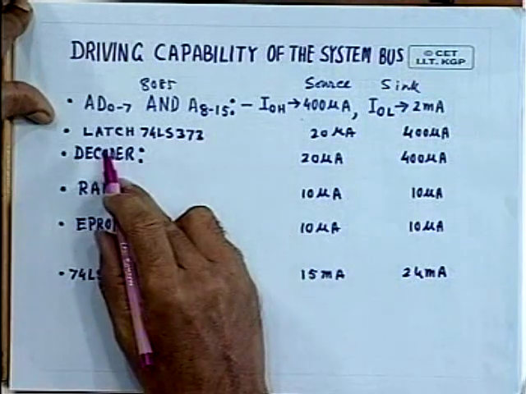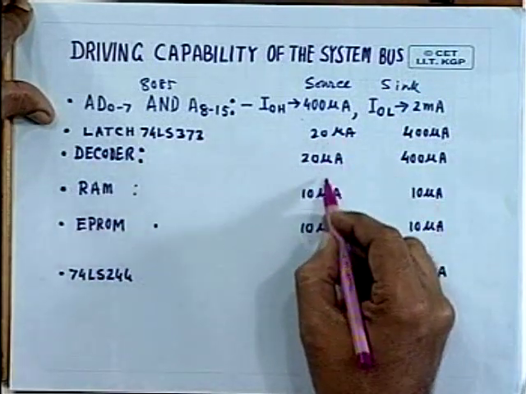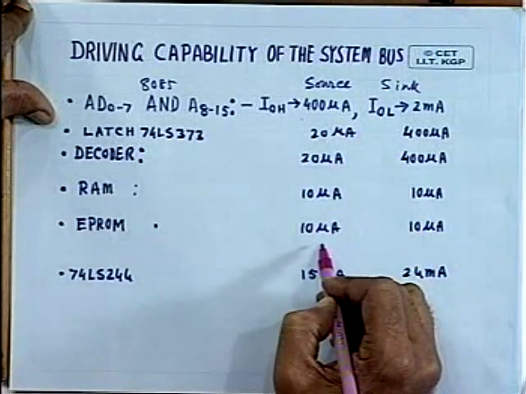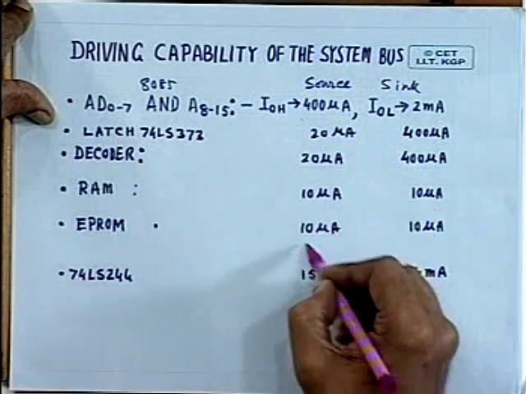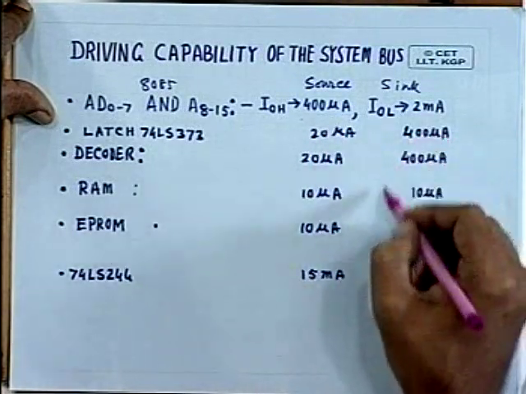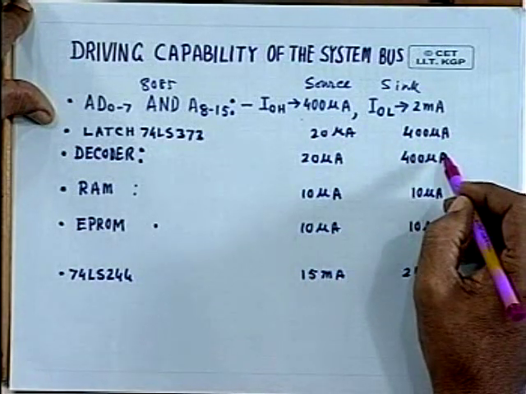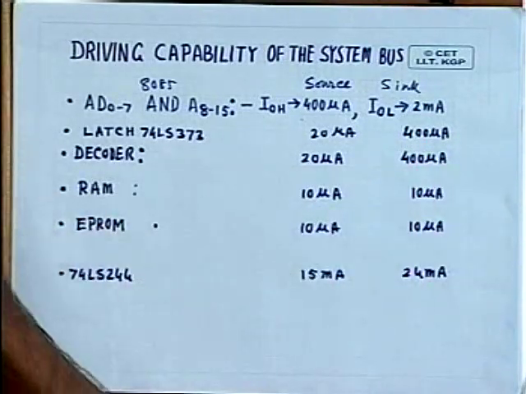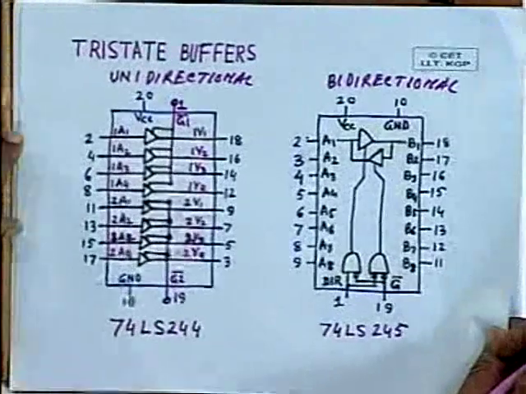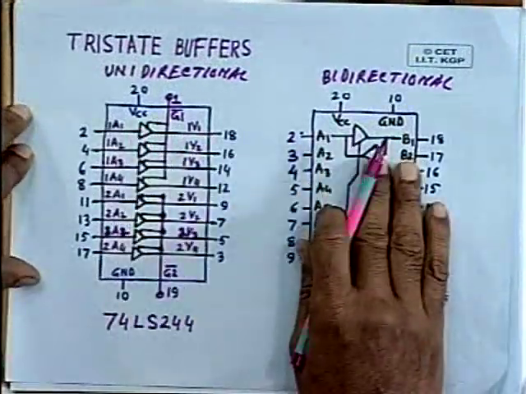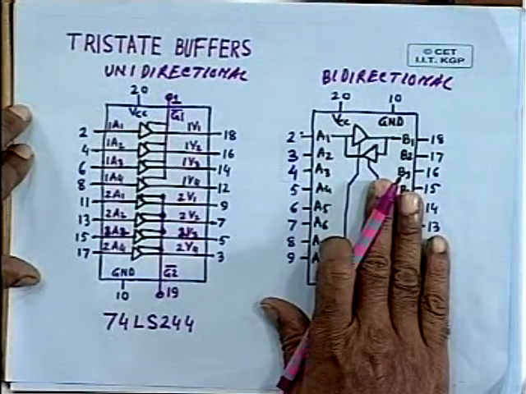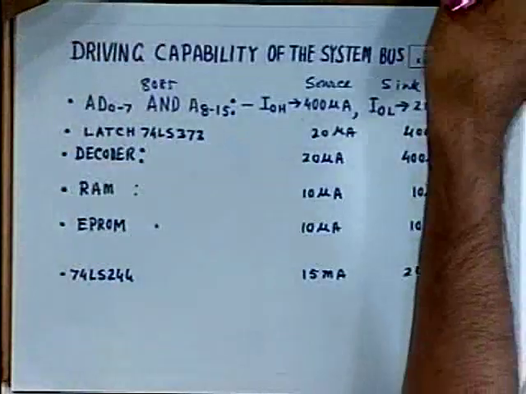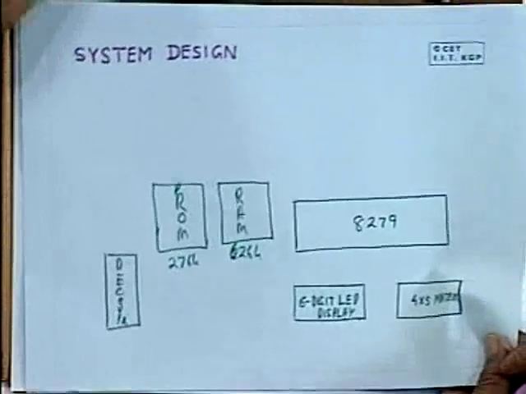Whenever you use other devices like latch, decoder, RAM, ROM, their source or sink current requirement is not very high. But whenever you use a larger number of chips in future, then you have to use tri-state buffers at the output, so that you can do future expansion. So the system design has to be done in that way.